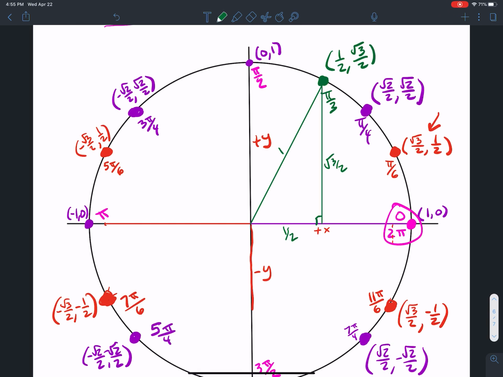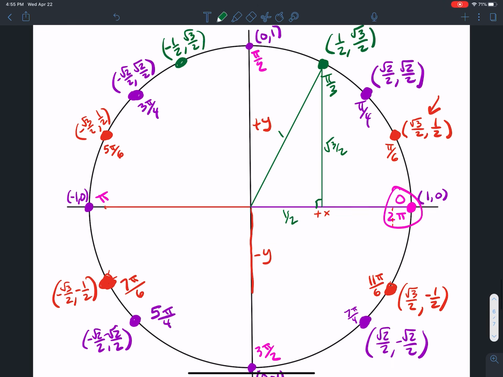Okay. And so then I'm going to use symmetry to get my other dots. If I reflect it across the y-axis, this becomes negative 1/2, square root 3 over 2. Okay.